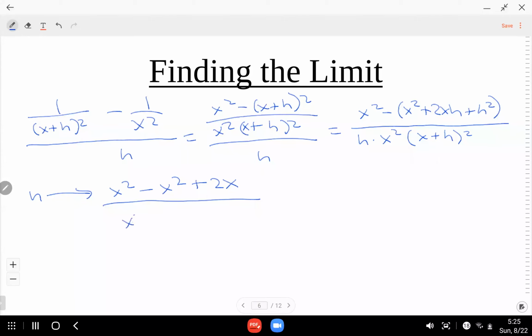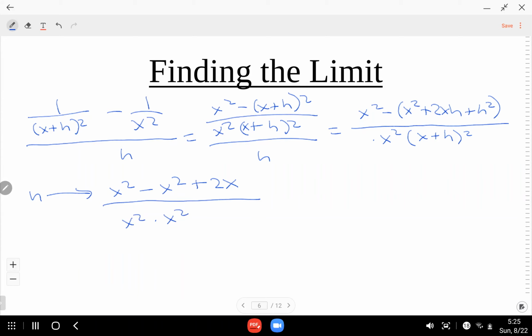So x squared times, what is this? x squared again, because there is no h, so x plus 0 squared, and this h is non-existent as well.